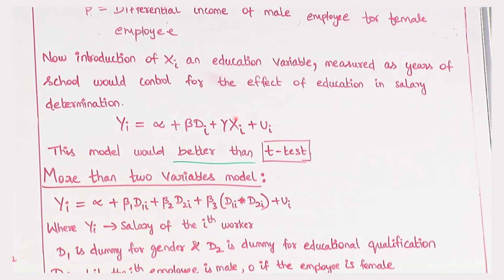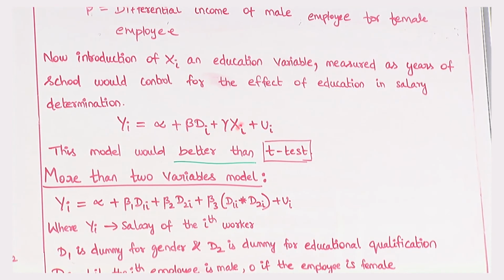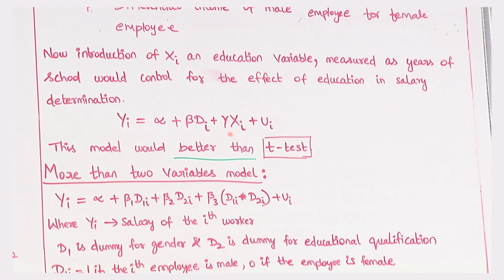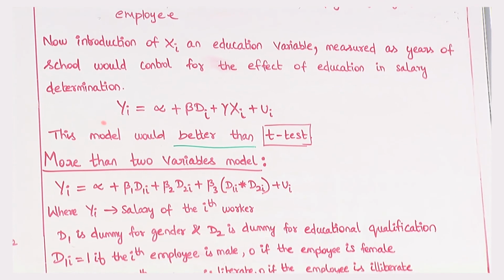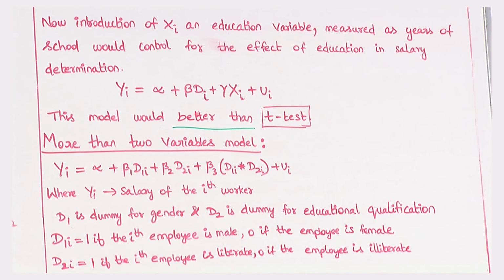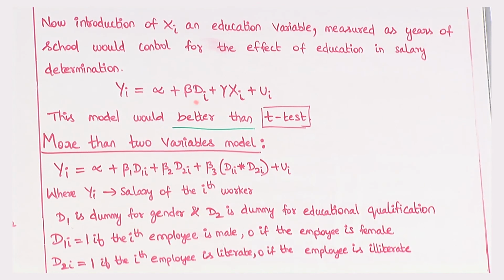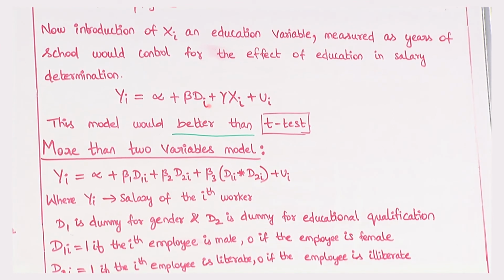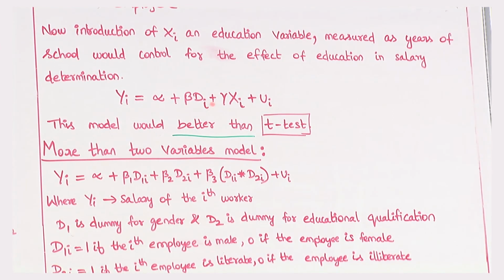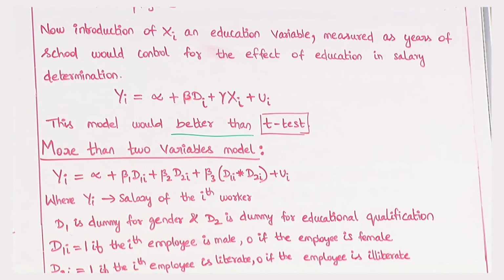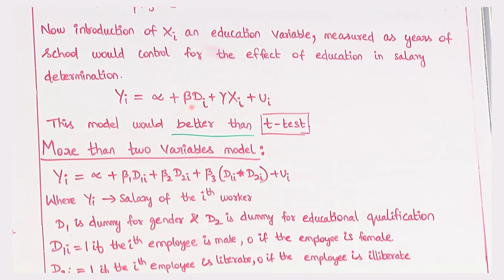After the introduction of education, this Wall-Lowell theorem says this will remove the effect of education on the salary. In that case, beta will measure the difference in the salary between male and female employees after removing the effect of education. So, that may be a better measure for the discrimination in the labor market.